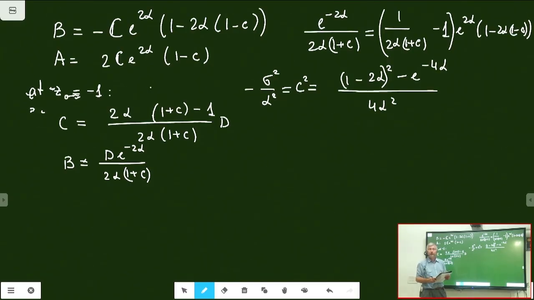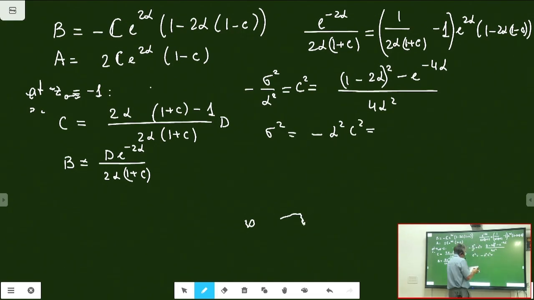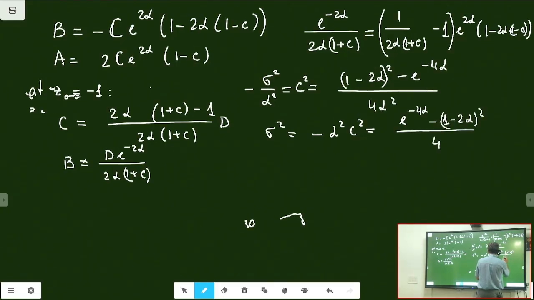Agree? All right. So therefore I can find sigma out of there. And if I do that, I will get sigma squared is equal to minus alpha squared c squared, which is equal to (e to the power minus 4 alpha minus 1 minus 2 alpha squared) divided by 4.